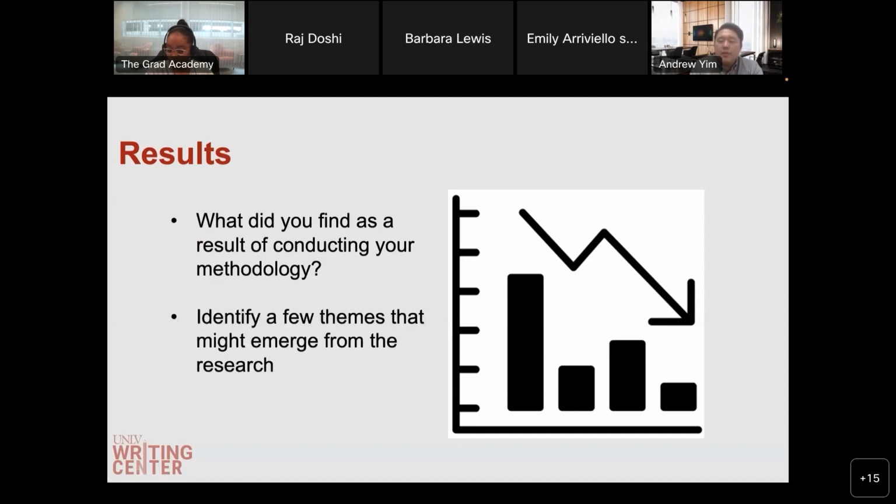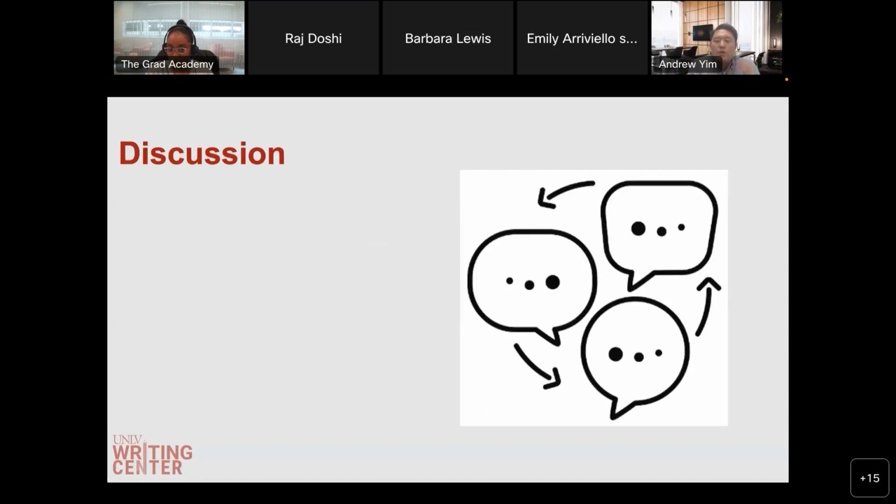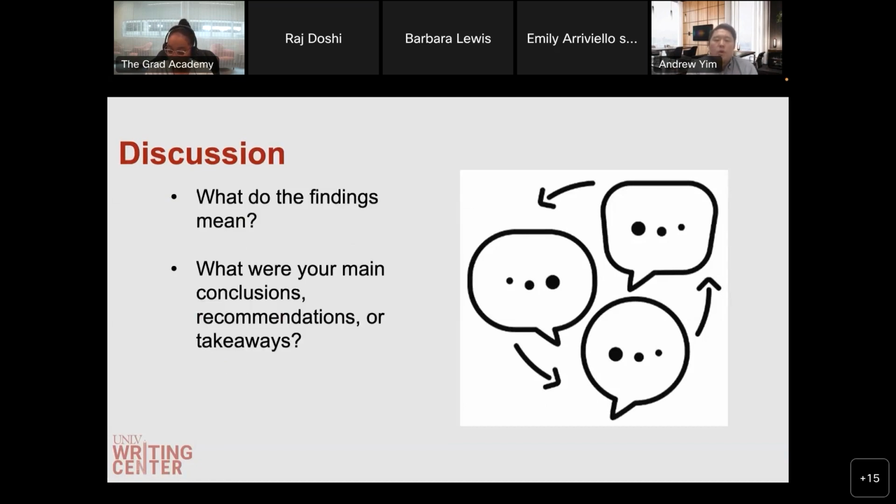Also, you want to be thinking about some of the themes that you are identifying in the results section, because once you identify the results, then in your abstract at the end, you might have a takeaway regarding what the findings mean, or what your main conclusions, recommendations, or takeaways are as a result of the three previous sections.